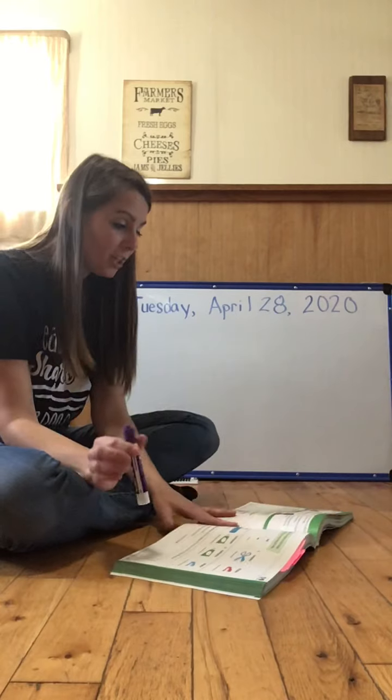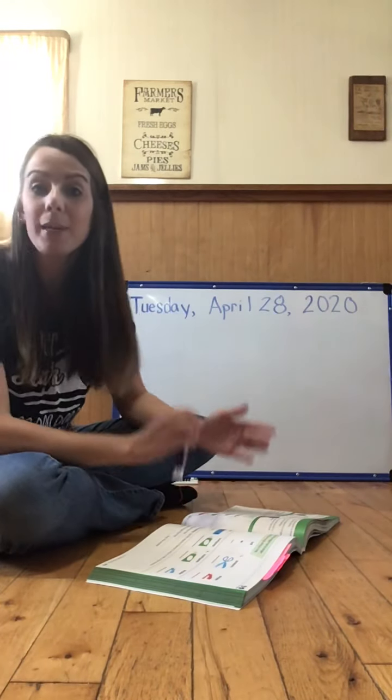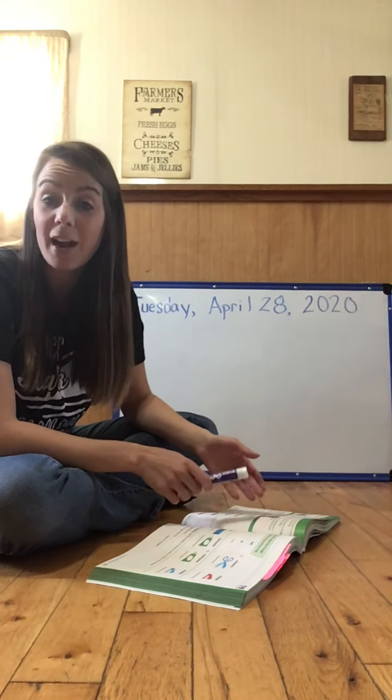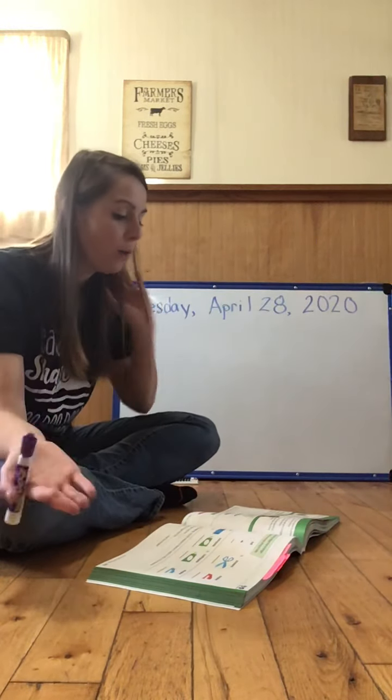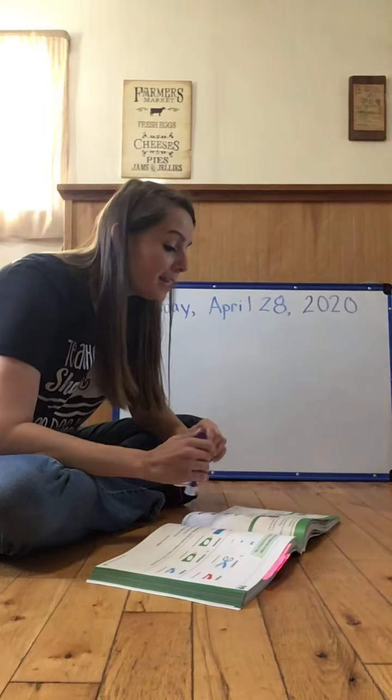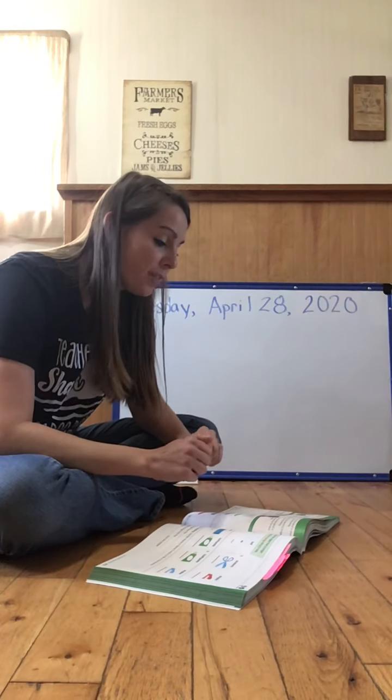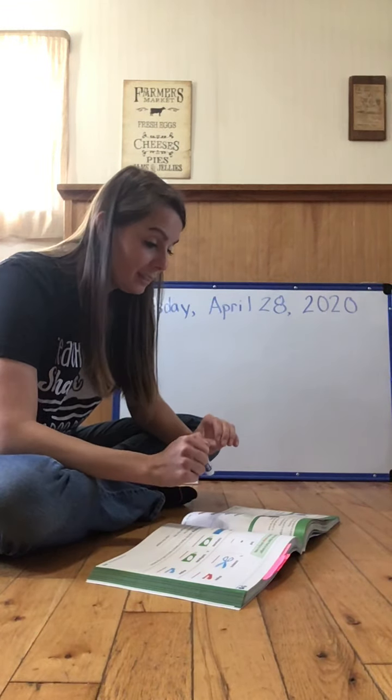Now on the next page, it kind of tells you how we can think about this and how we can figure out which one is longer without really putting the objects right next to each other. It says, how can you compare objects when they are in different places?